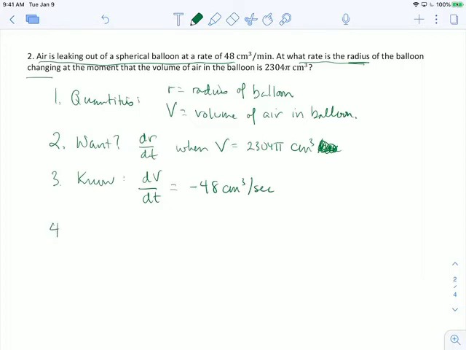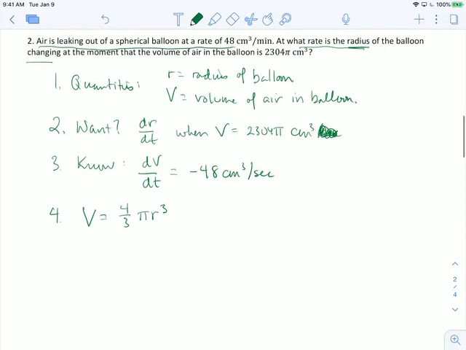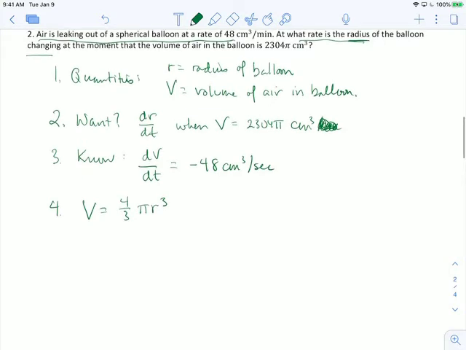We might have to look this up, but there's a formula for the volume of a sphere. The volume of a sphere is 4/3 pi r cubed. And then we want to differentiate this implicitly. The derivative of the left is just dV over dt.